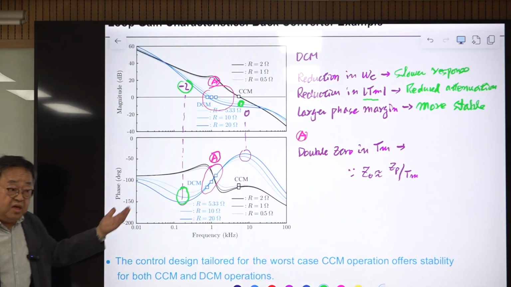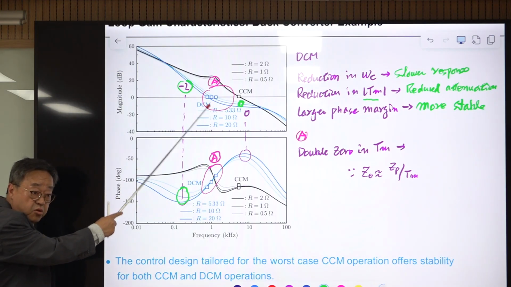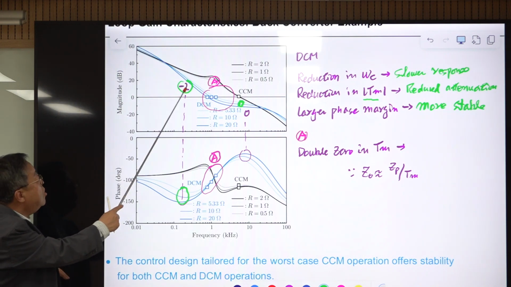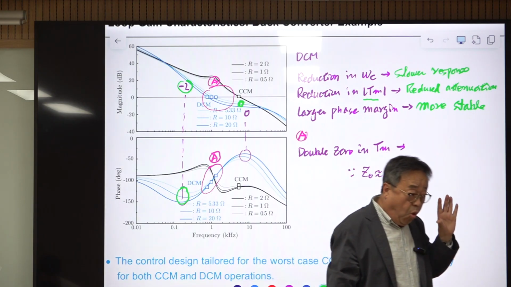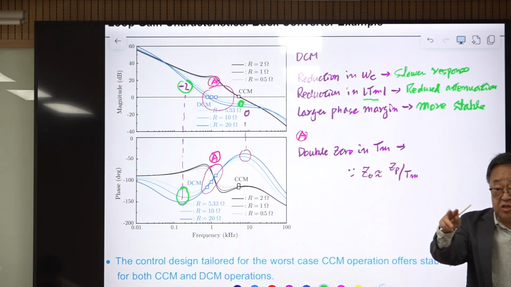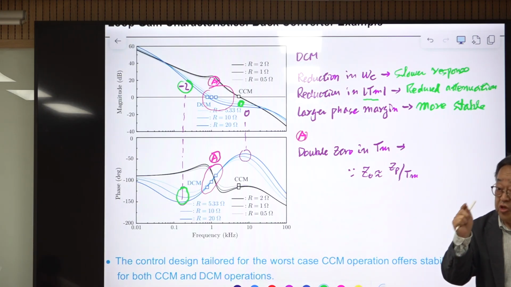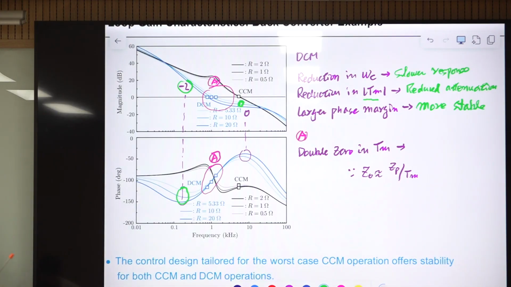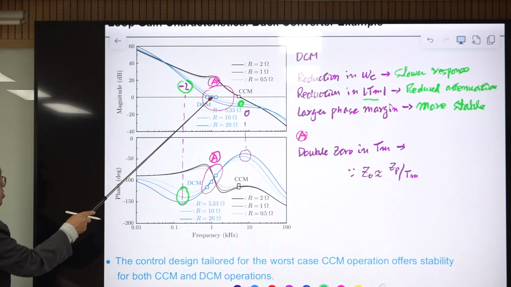There is a double zero somewhere here. So you can predict this based on the shape of the magnitude curve and the phase curve. Or you can consider the voltage feedback compensation and the duty ratio to output transfer function in DCM operation, then you can conclude the same thing.